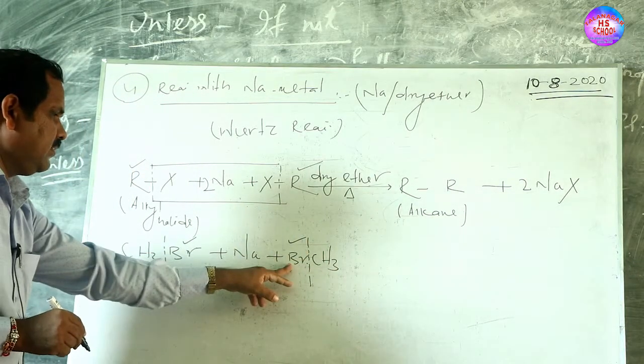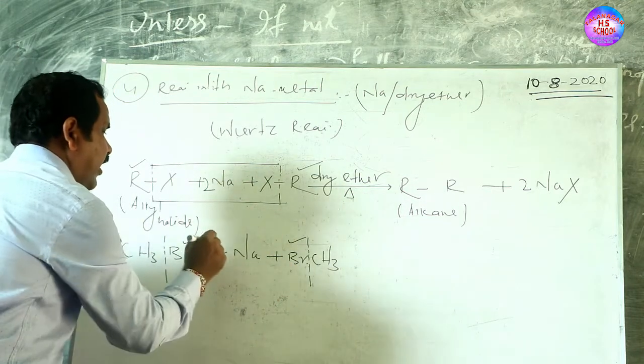Two bromide ions, so two sodium atoms are needed.